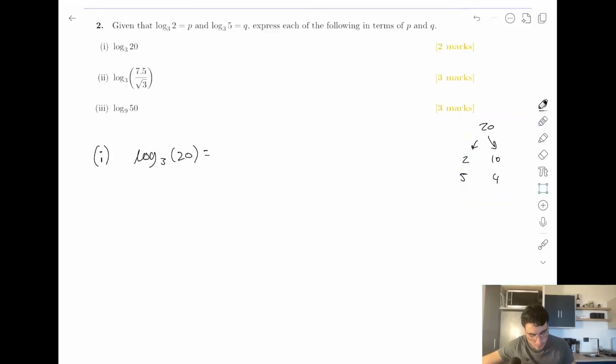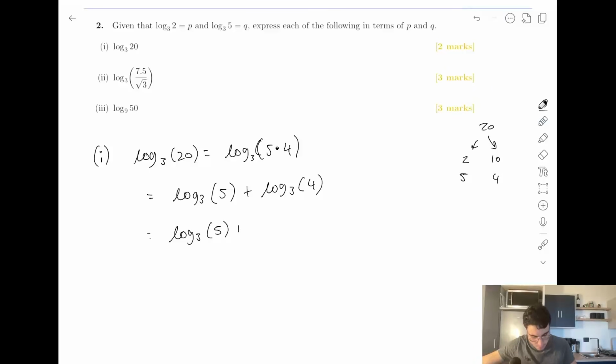So, we can say that is equal to log base 3 of 5 times 4, which gives me log base 3 of 5 plus log base 3 of 4. Now the question arises, what is 4? Well, 4 is simply 2 squared.